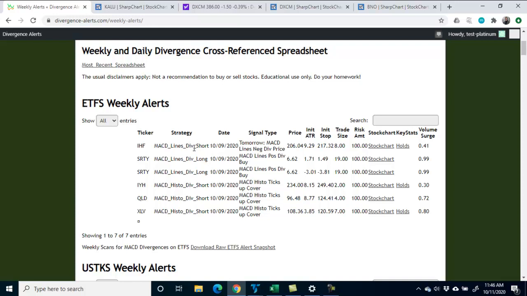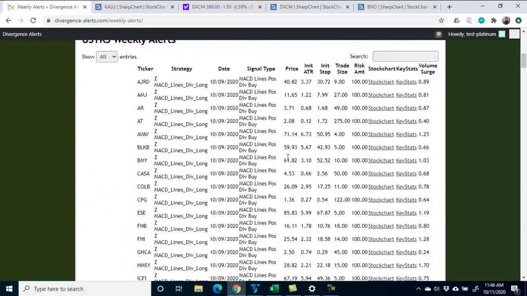Now, the short signals are very kind of dangerous, unreliable here, so I wouldn't say jump on that. But say if you held IHF and you're looking for a time to sell, you can know that this price is going to be a good point to put a stop loss. And likewise, if there are buy signals, you can set a price to buy on the tomorrow signal.